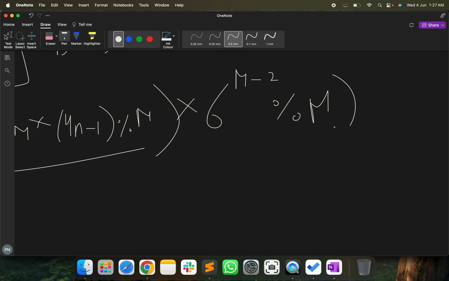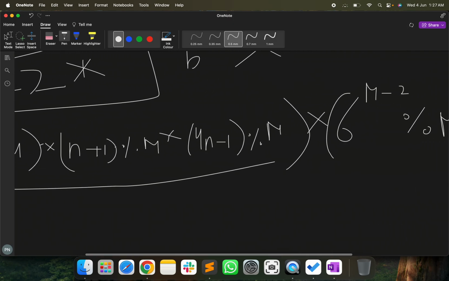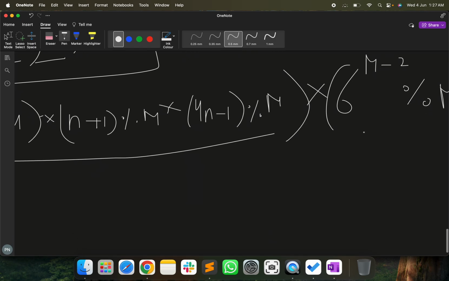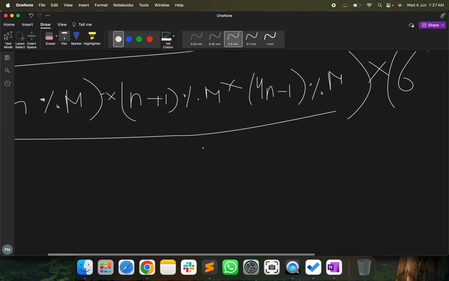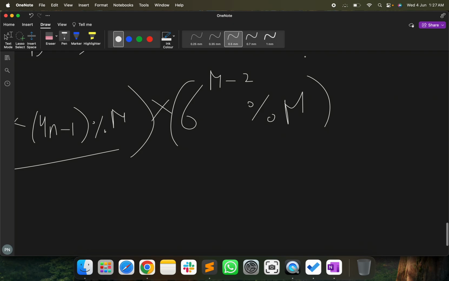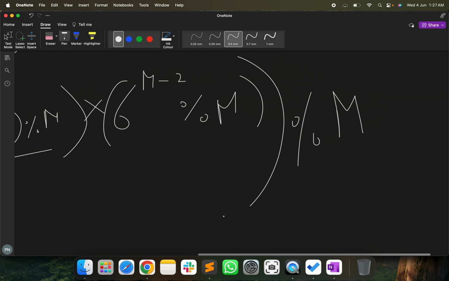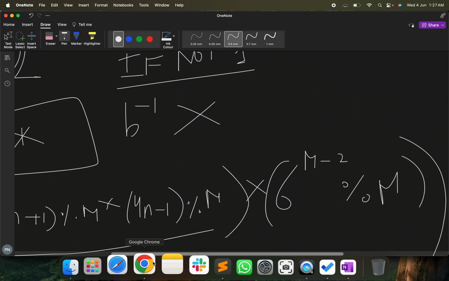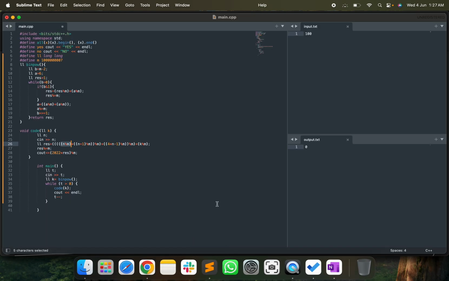You might face issues here because when you first try it takes a lot of effort, and the implementation of this might be difficult for some people. After we do all of this, we have to again take the mod of the whole thing. Now let me show you the code.